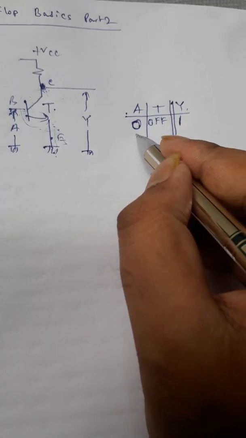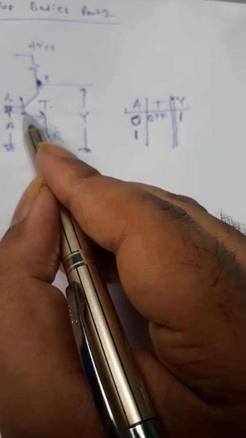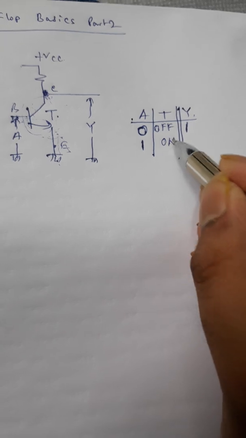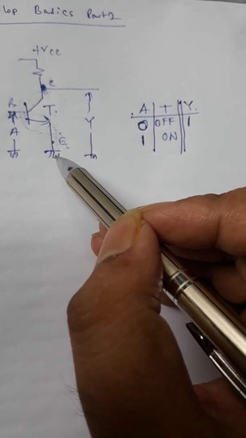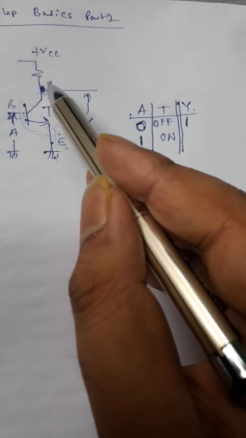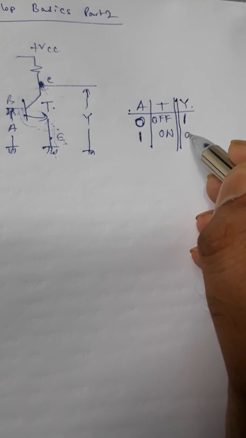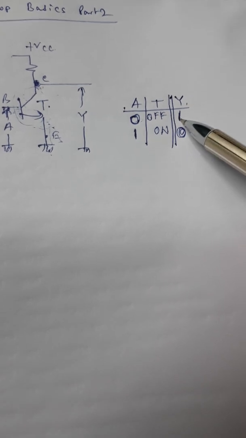Similarly, if 1 input is given, that is, a voltage is given at this point, then the transistor will be turned on, and when the transistor is turned on, it behaves like a short circuit, and the ground point potential and the potential of this point will be the same, that is 0. So when we apply 0, we get 1.